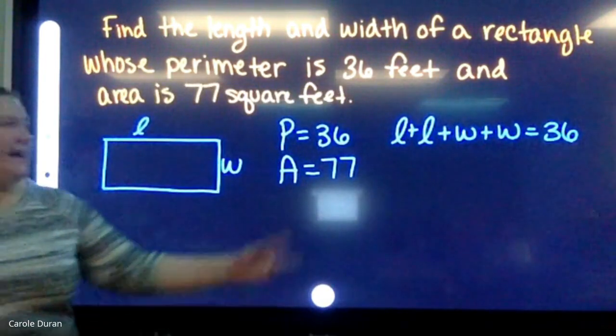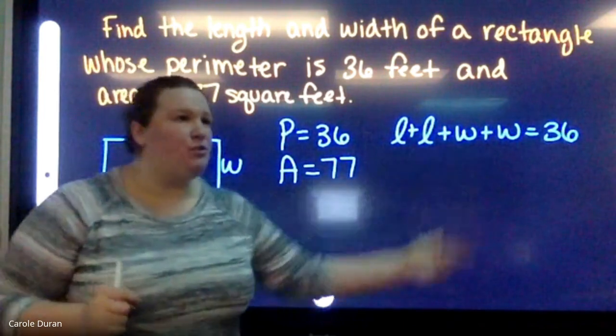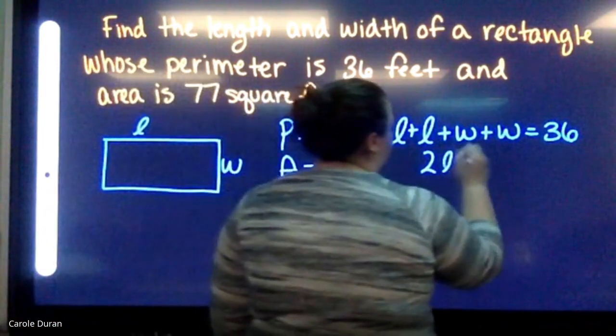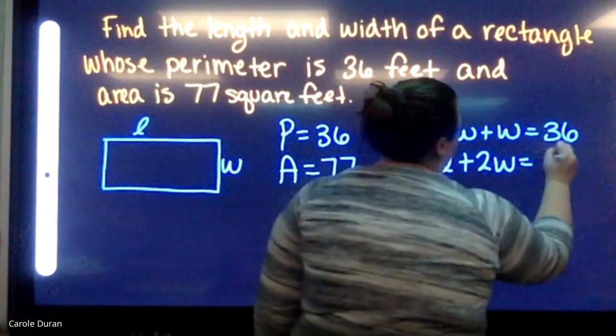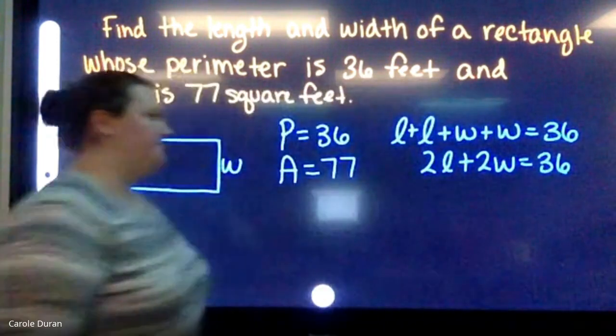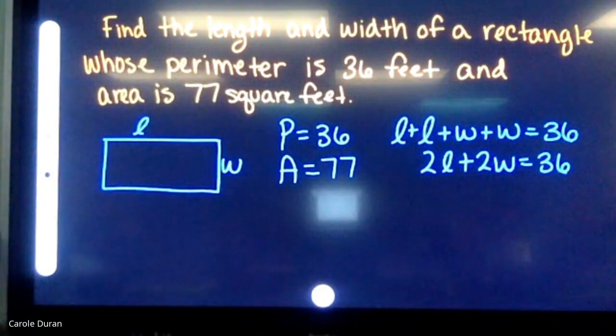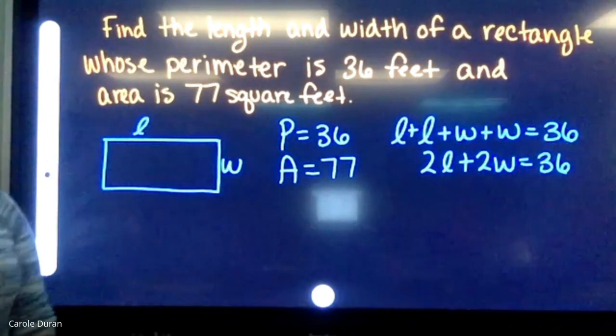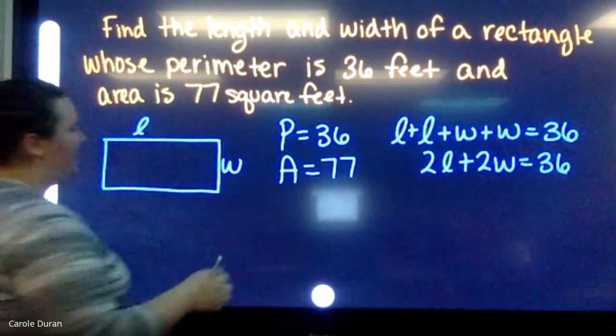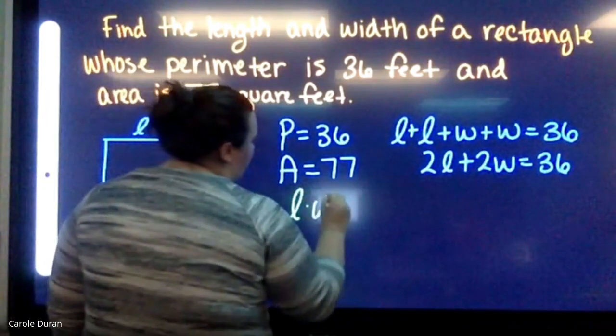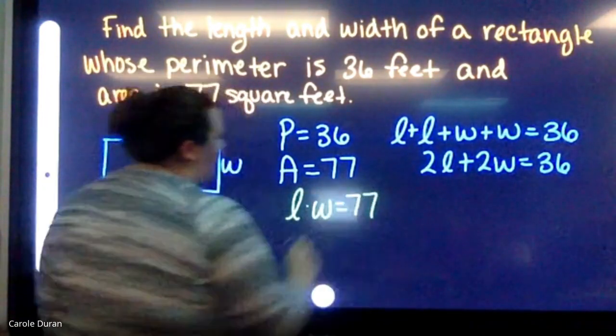So I could recognize that I have 2 lengths and I have 2 widths. So this becomes 2L plus 2W equals 36. I can then do the same thing with my area. How do I find the area of a rectangle? Length times width, yes. So I have length times width equals 77 for my area.